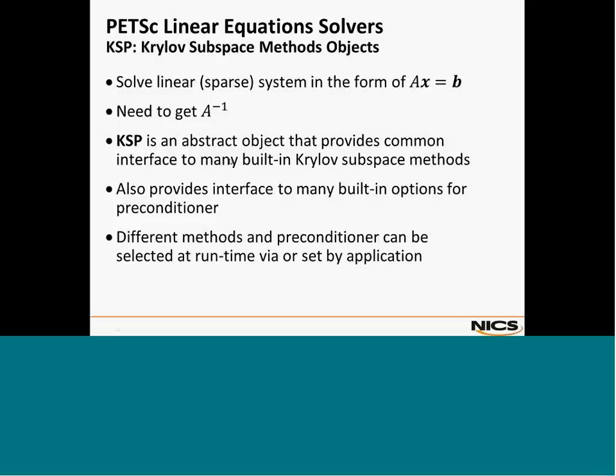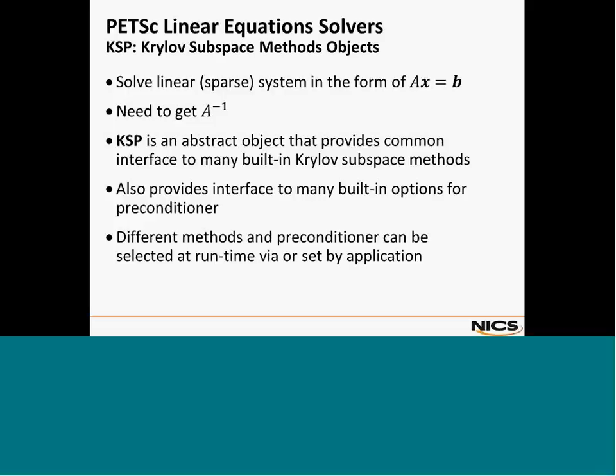And KSP in PETSc is the abstract object that provides a common interface to many built-in Krylov subspace methods. It provides many built-in options for different preconditioners. You can use different methods and different preconditioners at runtime using a command line argument, or you can set it in the calling function.